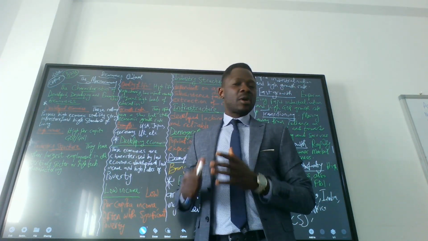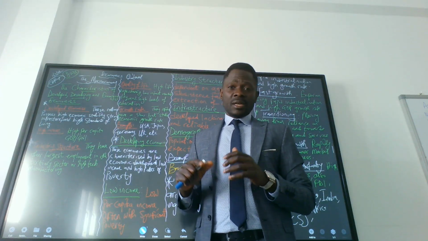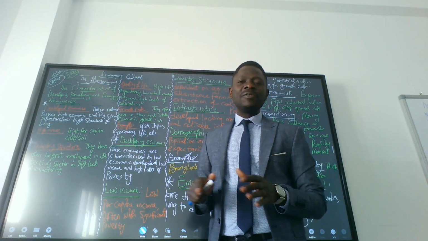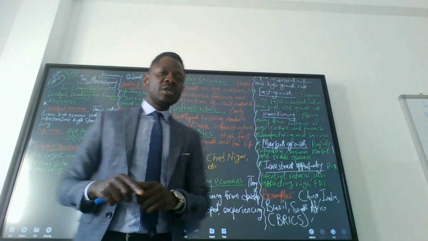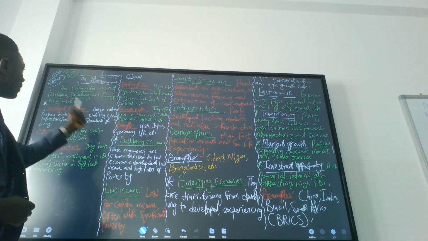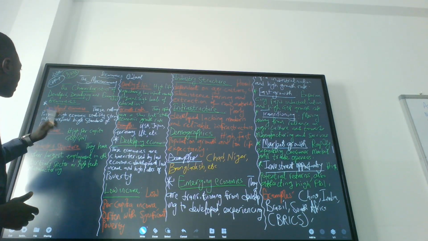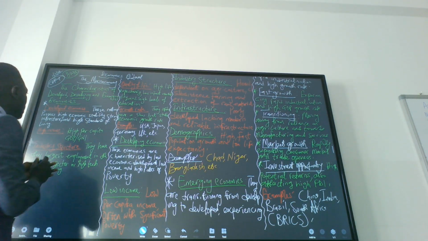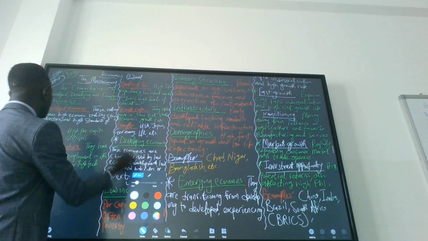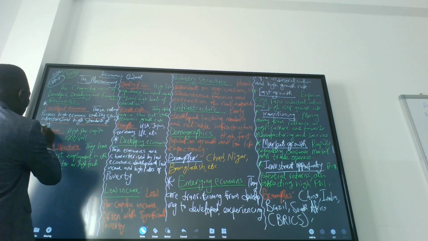We call them developed economies because they have high GDP and they are mostly involved in the service sector of an economy. So I'm going to read further and explain. The characteristics of developed, developing, and emerging economies. For developed economies, these nations possess high economic stability, strong infrastructure, and high standards of living.